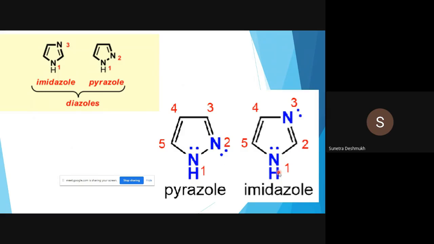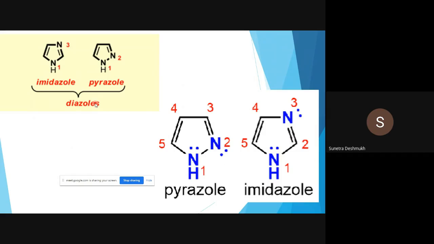Here the nitrogen attached to the hydrogen is more acidic, so that is the first number. Then we count the second most electronegative element. Nitrogen is the second most electronegative compared to carbon, and it is closer this way. So we go in the anti-clockwise direction for the numbering of imidazole.